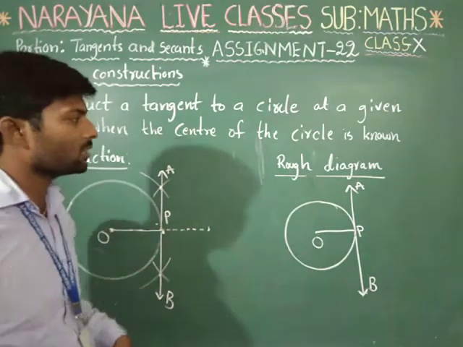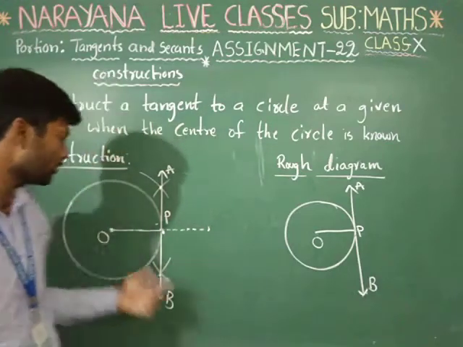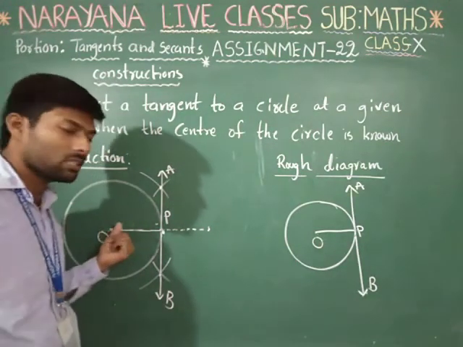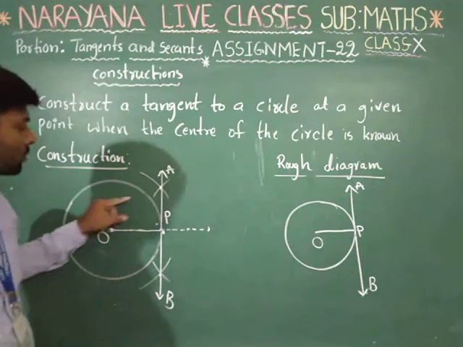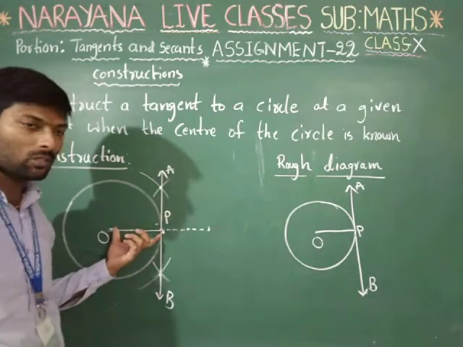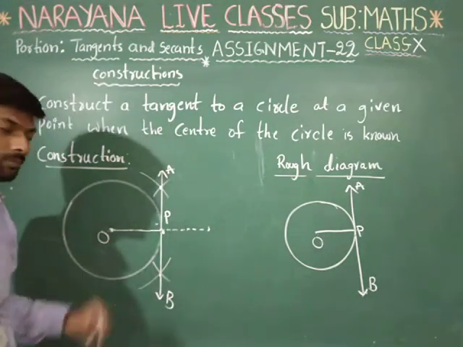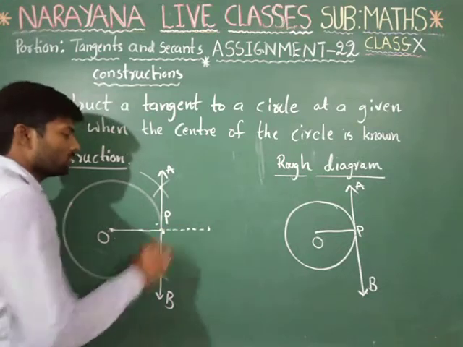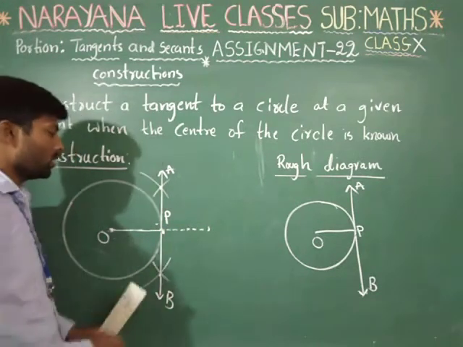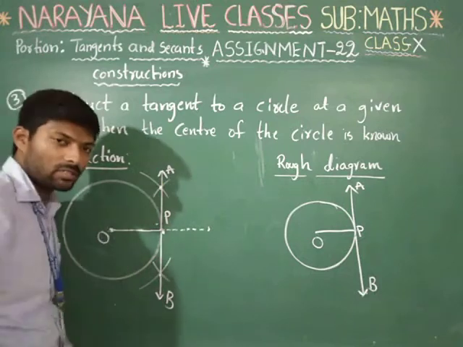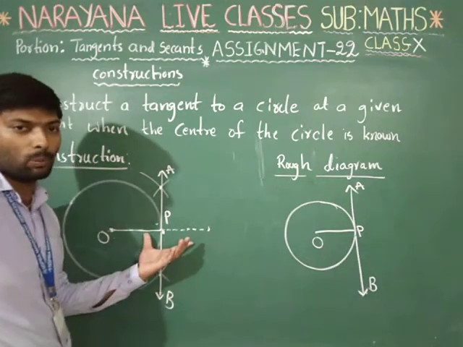So we can write the steps of construction as follows. First, consider a point O as the center of a circle with radius OP. Draw a circle with radius OP and extend the line somewhat, equivalent to OP, and draw a perpendicular bisector for the given line OP.